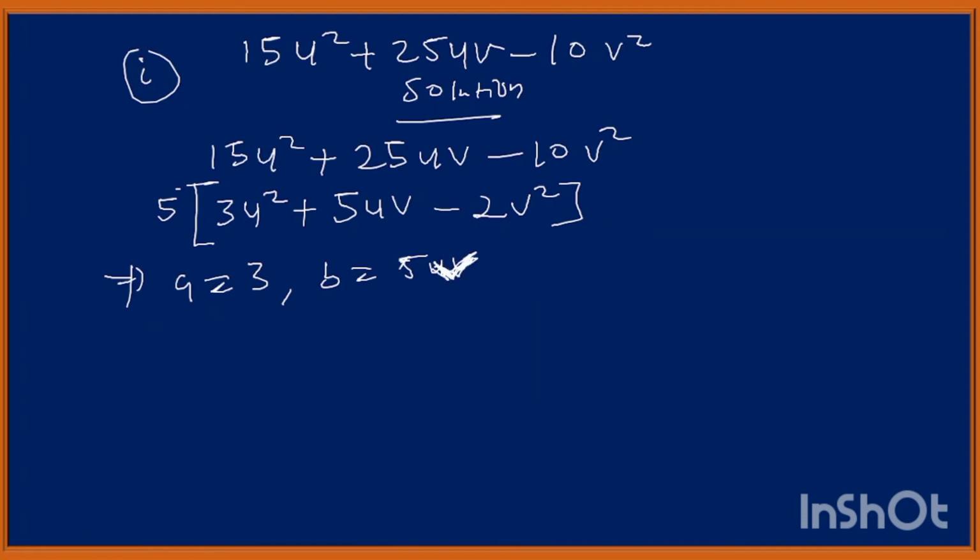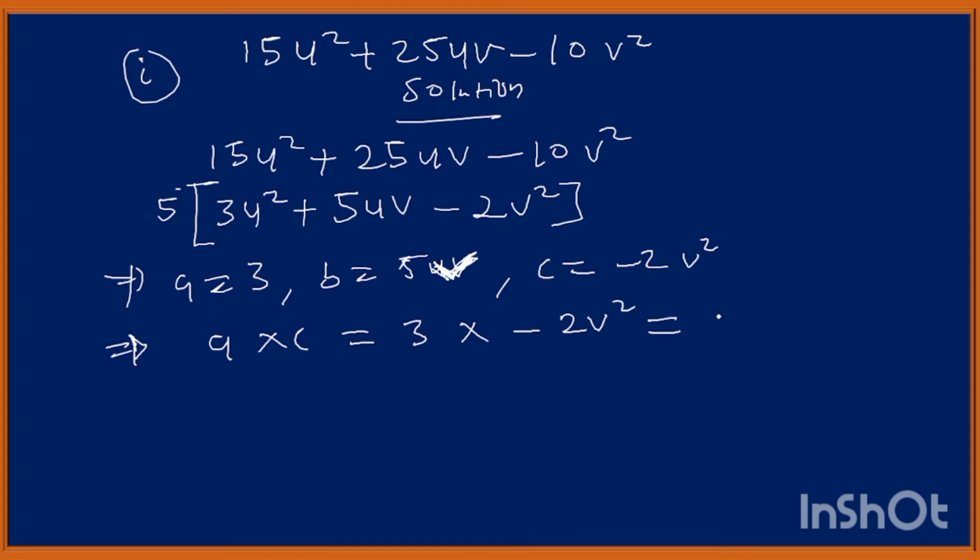So this is 5v, and then our c is minus 2v squared. So the next thing I'm going to do, I'm going to multiply a by c. That will give me 3 multiplied by minus 2v squared, and this will give me minus 6v squared.